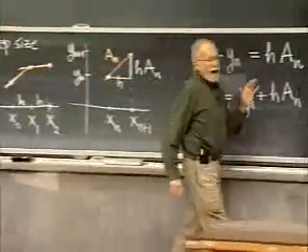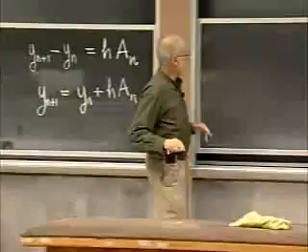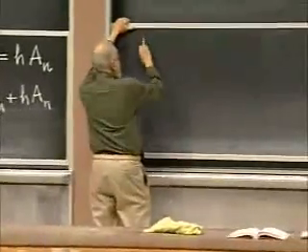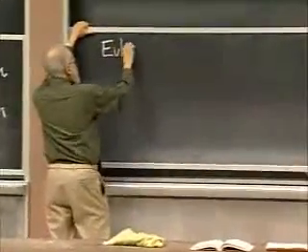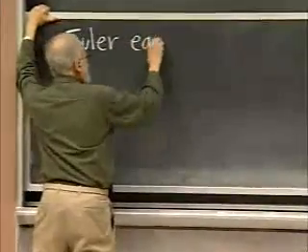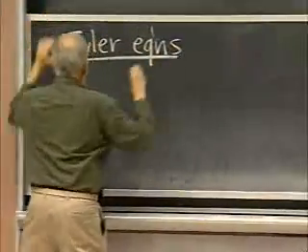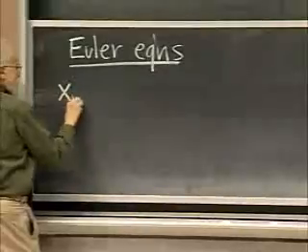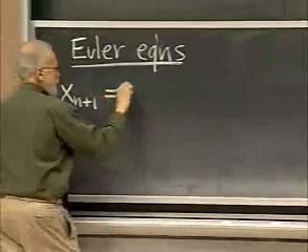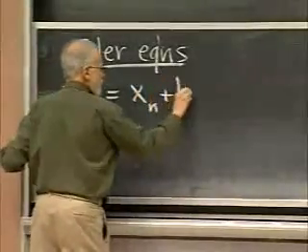Well, the computer has to be told that an is the value of f. So now, with that, let's actually write the Euler program. Not the program, but the Euler method equations. Let's just call it the Euler equations. What will they be? First of all, the new x is the old x plus h.